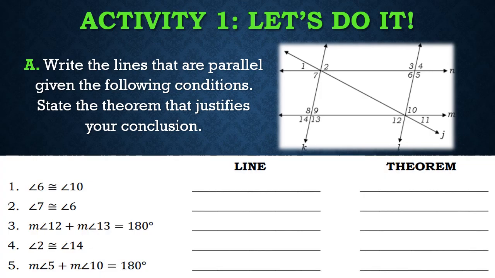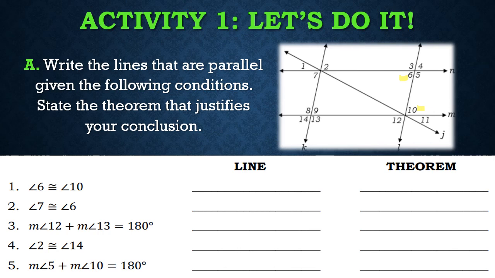Illustration. So I will answer problem number 1 as an example. The statement here is angle 6 is congruent to angle 10. As you can see, angle 6 and angle 10, what is their relationship?